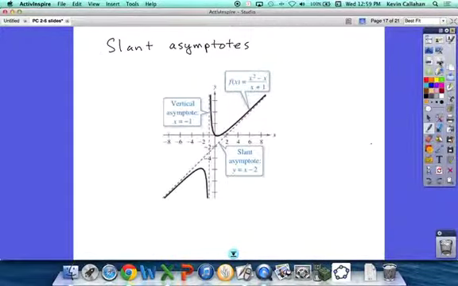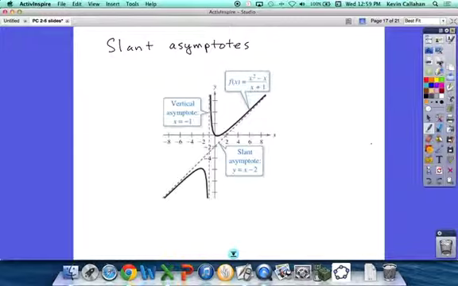Okay, now there's one more concept that gets added in here, and that is slant asymptote, right? A slant asymptote is kind of like a horizontal asymptote, at least what it does for us. But it's not horizontal and it's not vertical, it's slanted, it's tilted, right? It has a slope which is not 0 and it's not undefined.